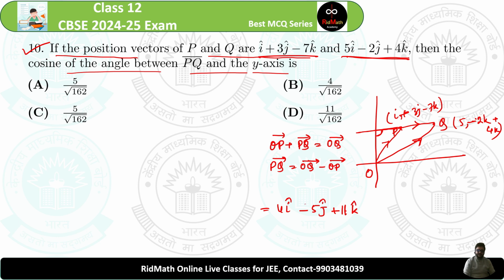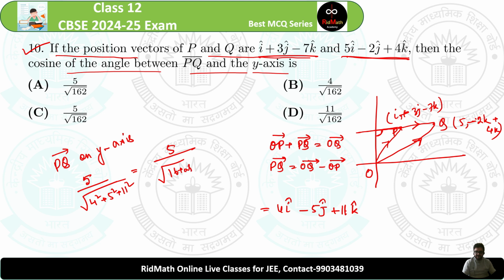So PQ is this, and the projection of PQ on the y-axis is 5 by root over 4 squared plus 5 squared plus 11 squared. So this is 5 by root over 16 plus 25 plus 121.